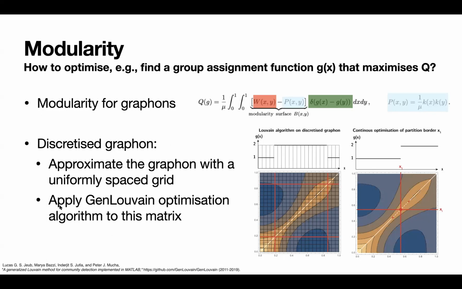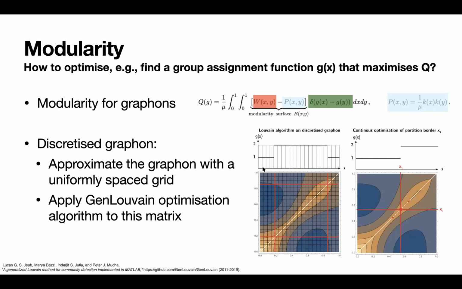Then we can apply the Jen-Louvain optimization algorithm, which is a Louvain implementation for MATLAB by Lucas Jeub, Marya Bazzi, and others. You can optimize for each of those little slivers, or slices of the interval between 0 and 1, the partition, the function which assigns each of those positions to a different community.